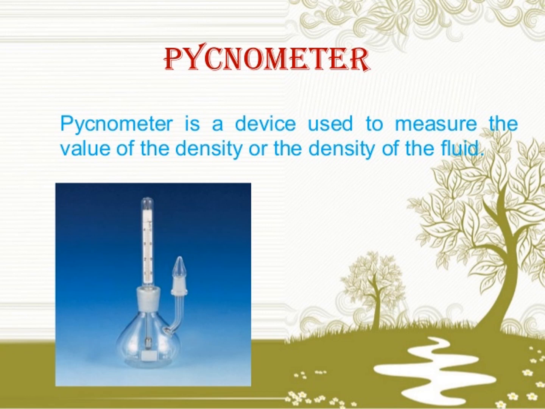Thus, the density of a given volume of substance to the density of equal volume of reference substance is called relative density. Yes, everybody saw the picture. Relative density can be measured by pycnometer.